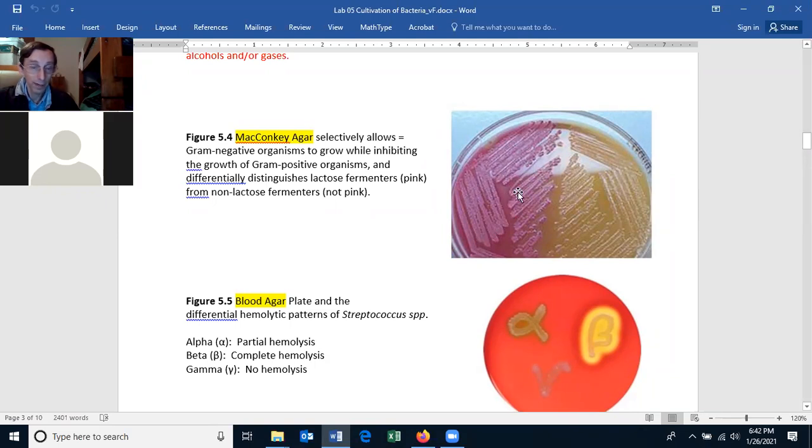And it's pink just because when you ferment the sugar lactose, you produce acids, and this media has a pH indicator which turns pink when it is acidic. And it's differential that if the bacteria does not ferment the sugar lactose, it will be white or off-white. Okay? So McConkey's agar is both selective and differential.